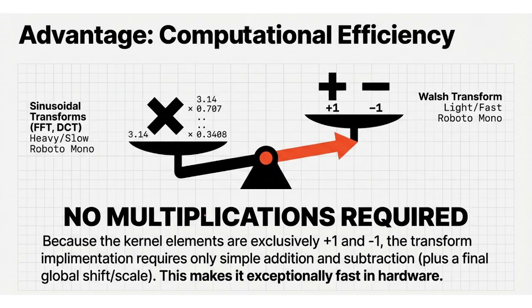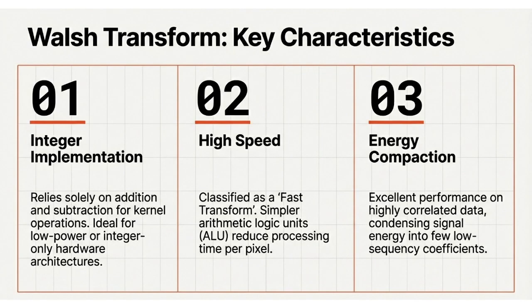Because the kernel elements are exclusively +1 and -1, the transform implementation requires only simple addition and subtraction, plus a final global shift or scaling. This makes it exceptionally fast in hardware. Okay. So Walsh transform key characteristics: integer implementation, high speed, and energy compaction.